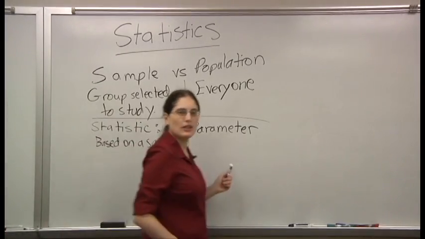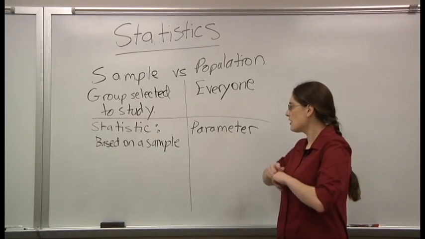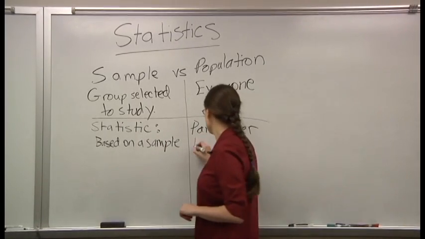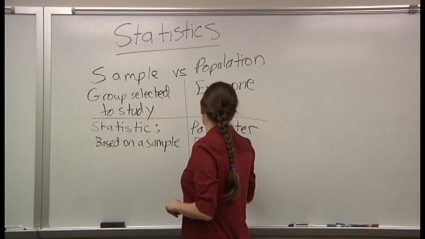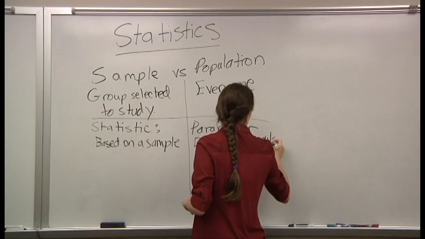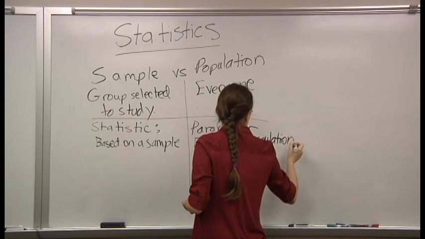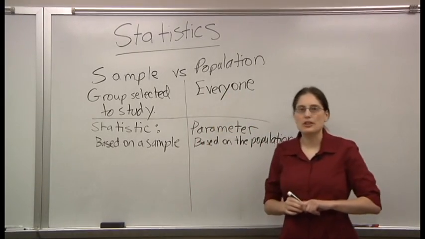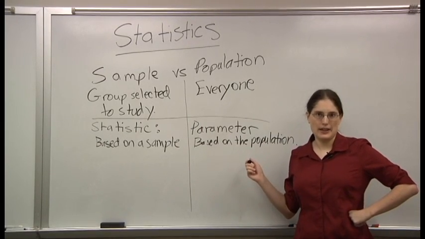A parameter is a number based on the population. Parameters are much harder to find.